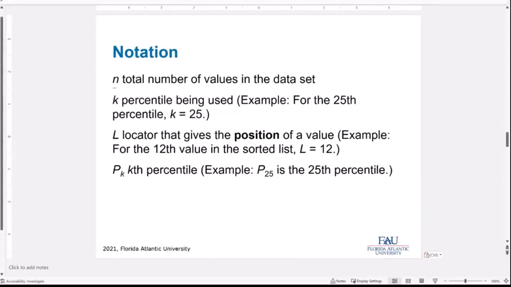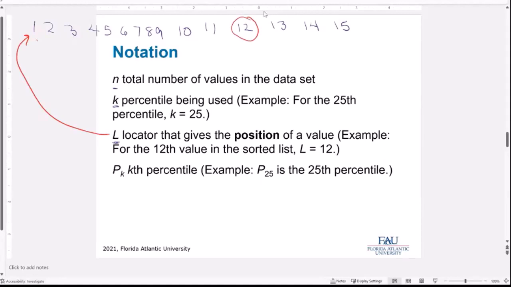When we see an n, it means the total number of values in the data set. k is going to represent the percentile. L gives the position of the value. For example, if I had a list that was sorted, I start at 1, 2, 3, 4, 5, 6, 7, 8, 9, 10. L is giving me the 12th position.